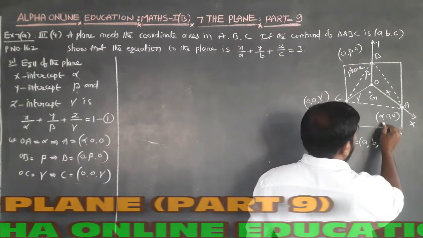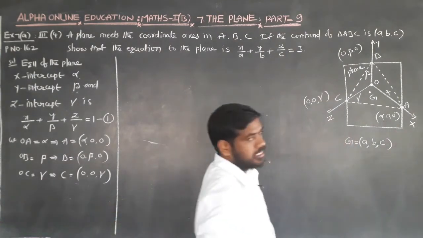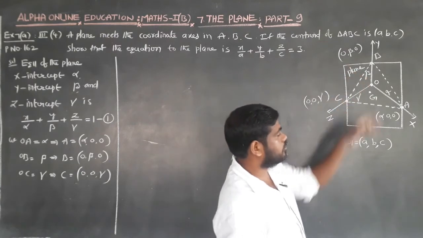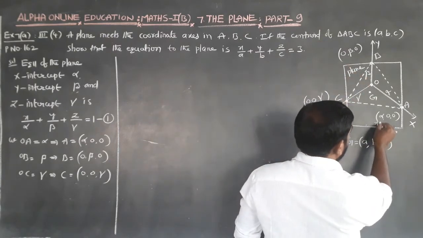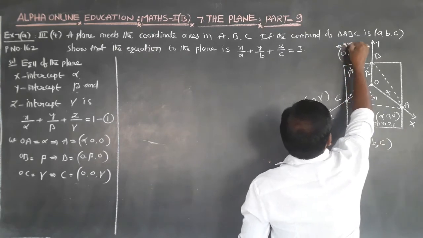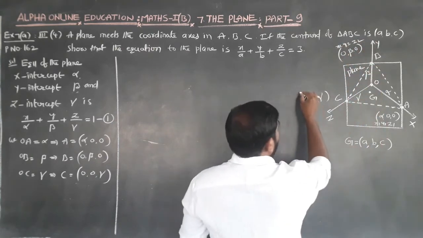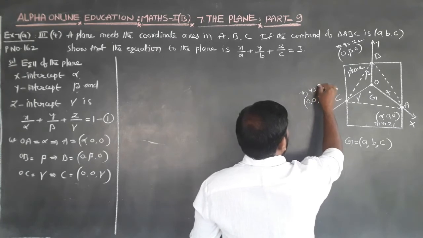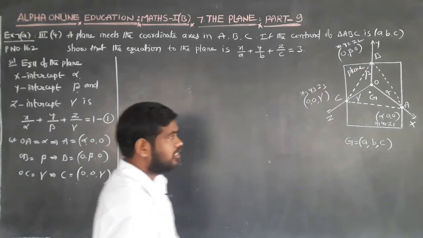Let A be (x1, y1, z1), B be (x2, y2, z2), C be (x3, y3, z3).